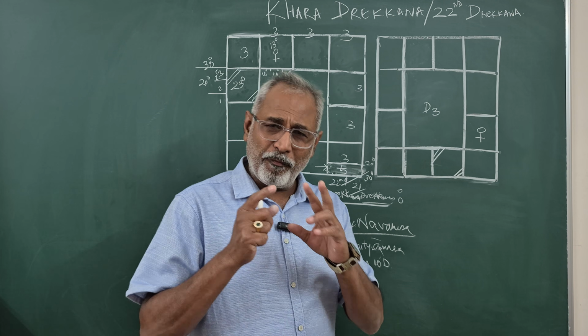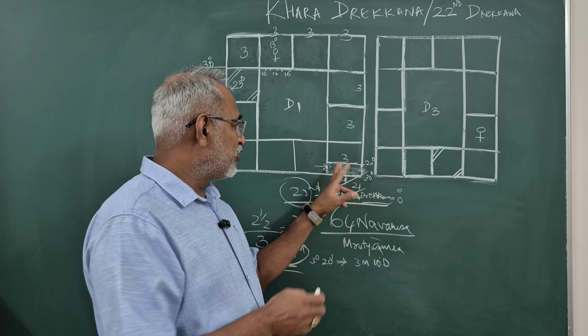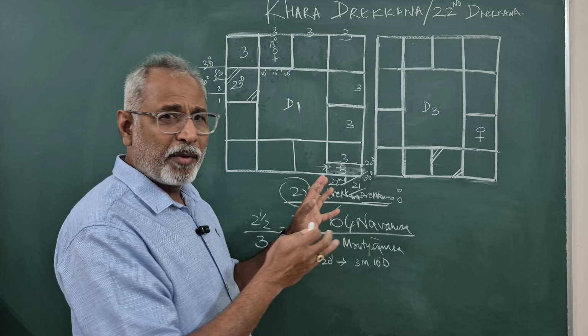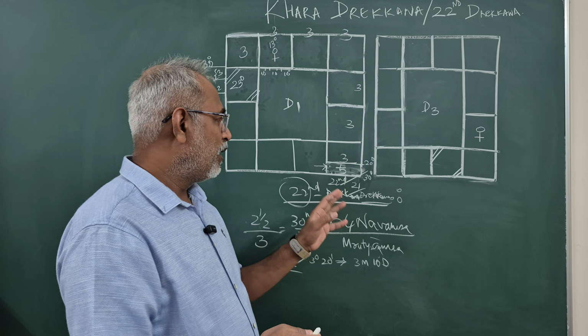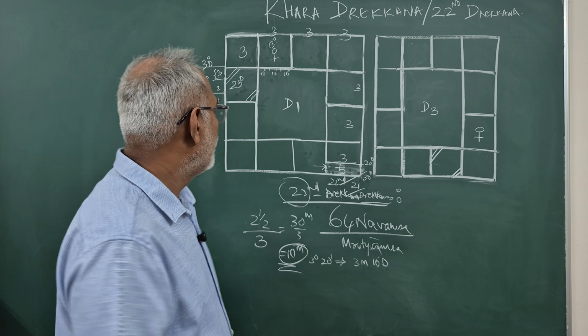If the 22nd Drakana is shared between, let us say, two signs, here the complication starts.